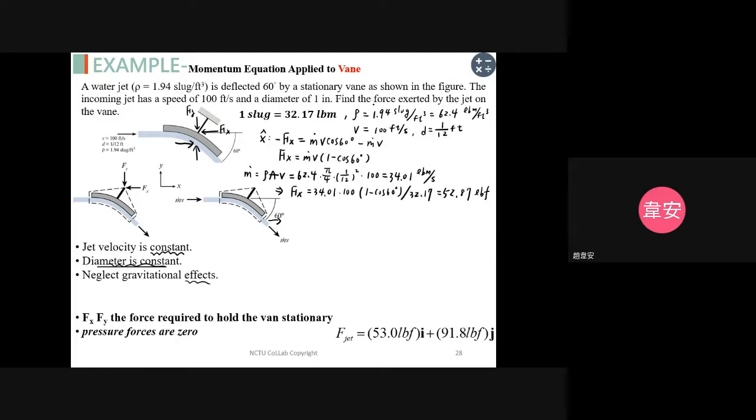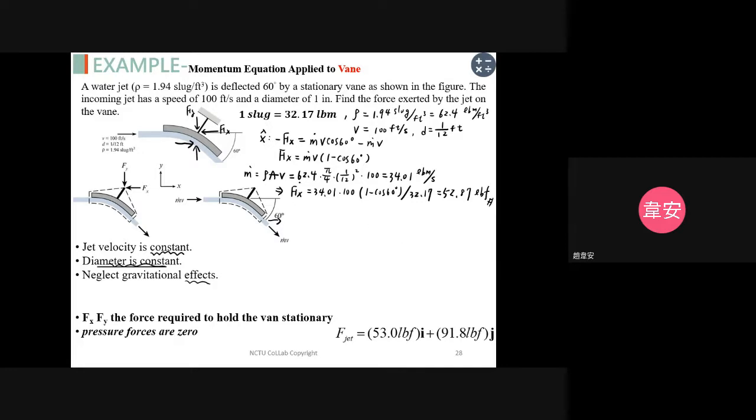The question is the force exerted by the jet on the fan. So this is the force in the X direction contributed by the jet on the fan, which is one of our answers.